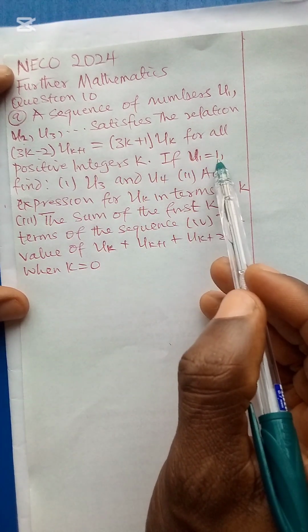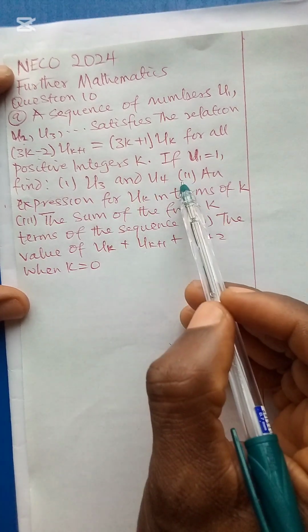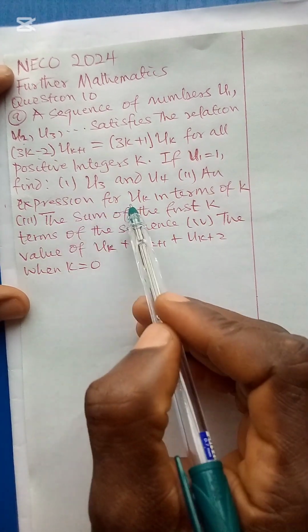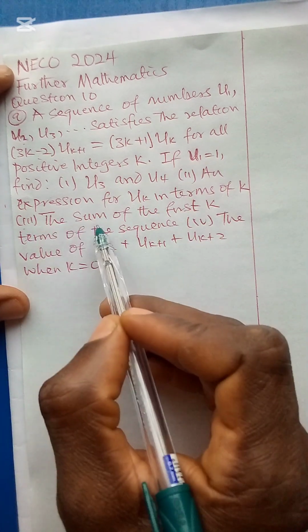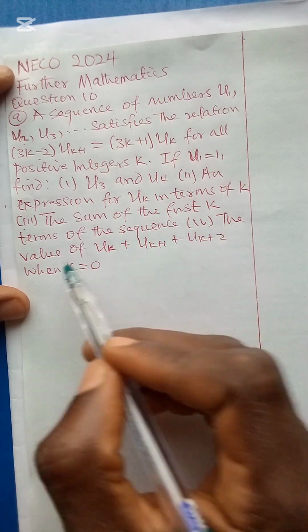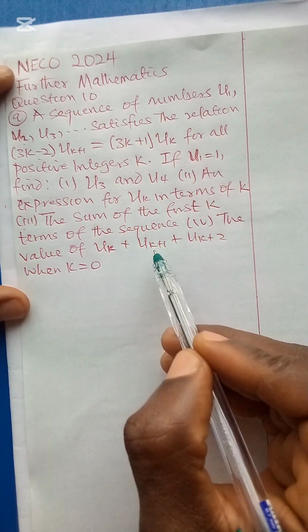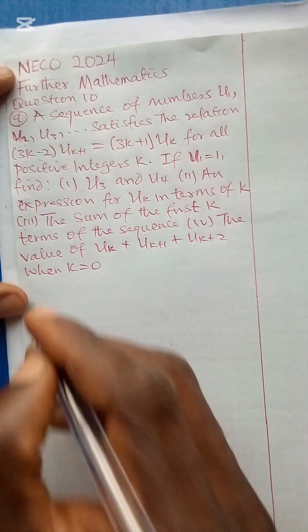If u1 is equal to 1, find (i) u3 and u4, (ii) an expression for u_k in terms of k, (iii) the sum of the first k terms of the sequence, and (iv) the value of u_(k+1) plus u_(k+2) when k is equal to 0.